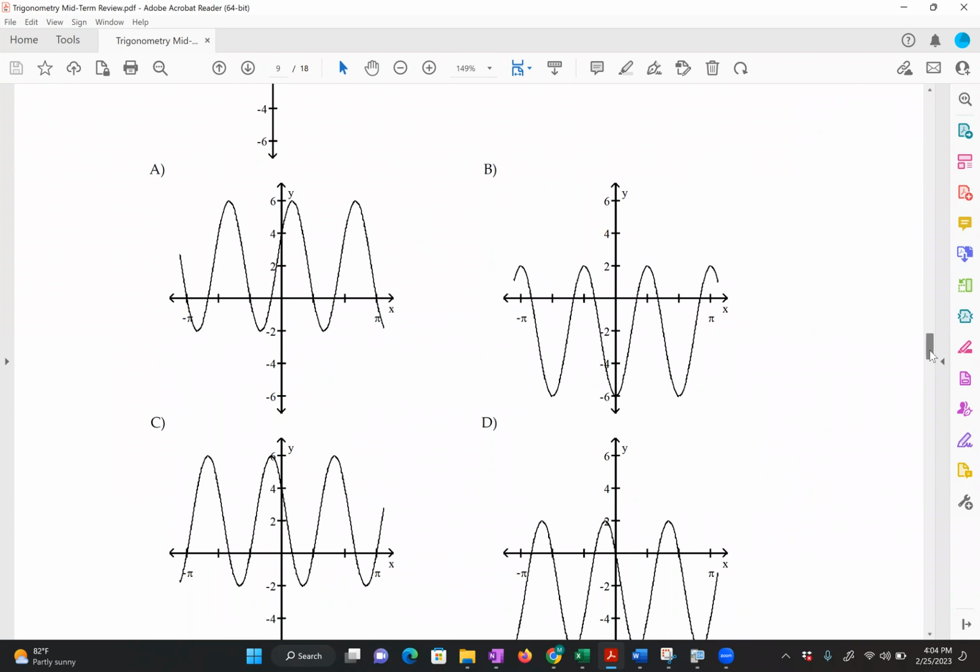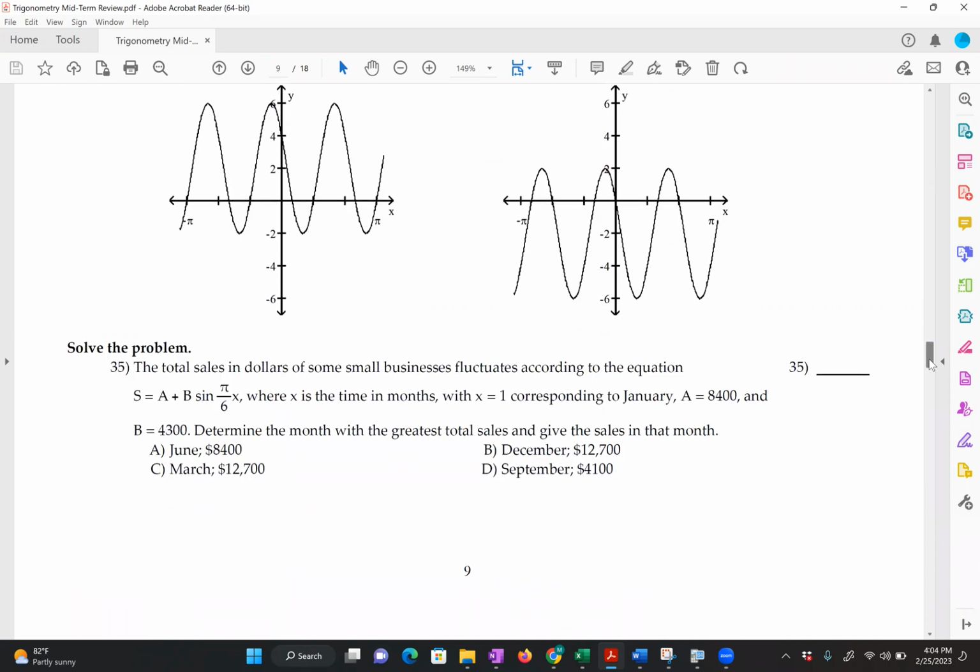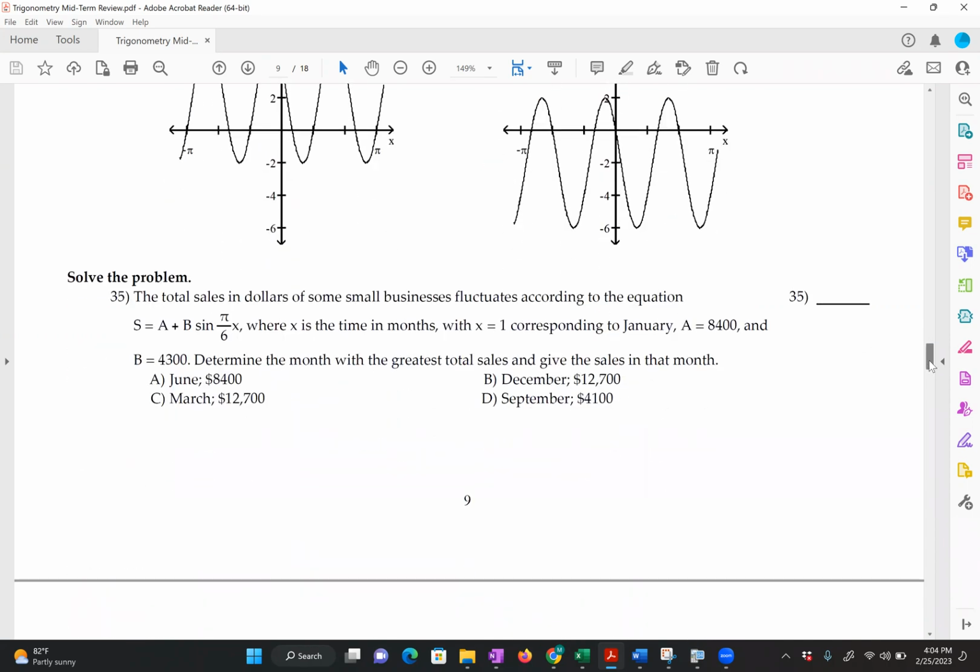And once again, you guys have to own the graphing. This is another one of these questions where you substitute and basically solve for the value. They're telling you that in January, your A value is 84 and B value is 43.